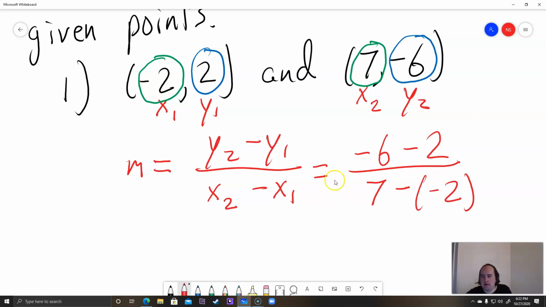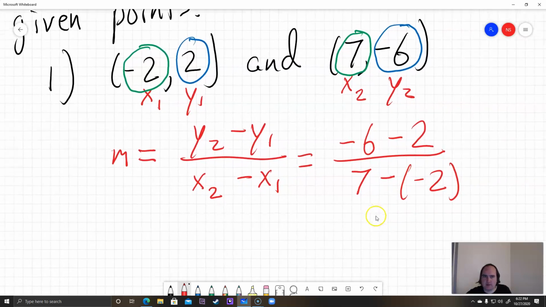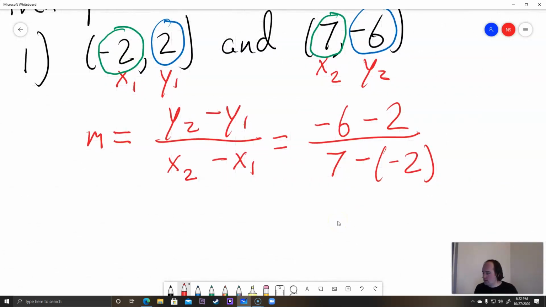Now that we've plugged everything in, we can simplify this fraction. On the top, -6 minus 2 is -8. And on the bottom, 7 minus -2 is the same as 7 plus 2 because these two minuses cancel out, which is 9.